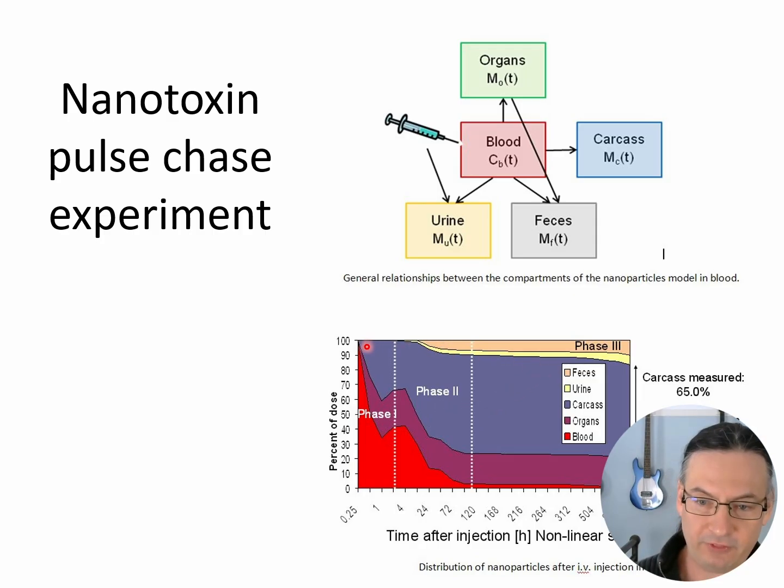And we saw that when you inject the toxin directly into the blood, of course, it immediately goes into the red representing blood. And then over time, it decreases as it moves to the target organs and the non-target organs. And we also see excretion increasing. And as we move into the later phases, we see greater amounts of excretion.